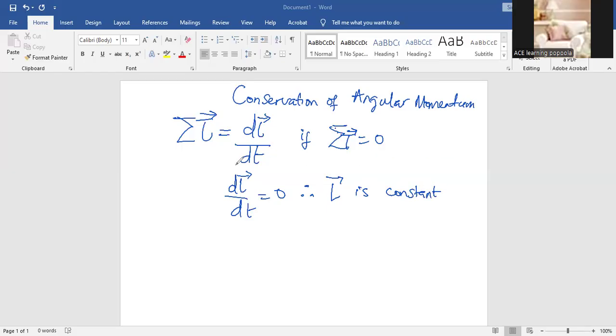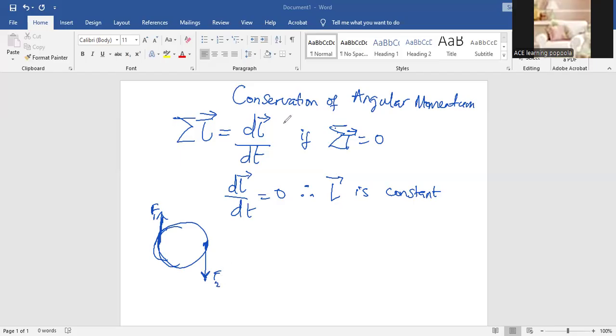Now, what kind of scenario can we think of? Let's say we have a circular object, and a force is applied at this point, and another one is applied downwards like that. Let's call these F1 and F2.